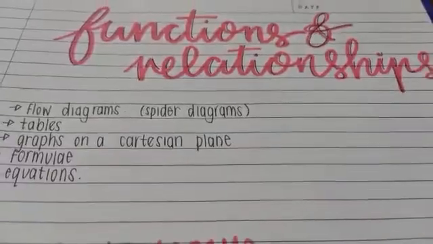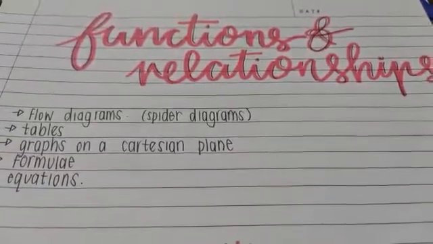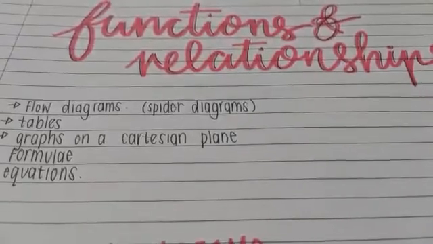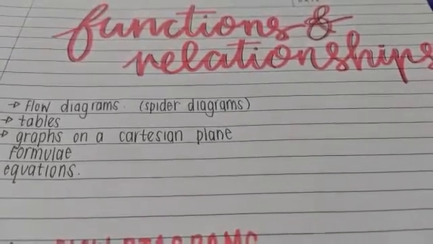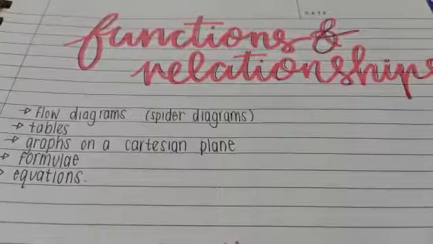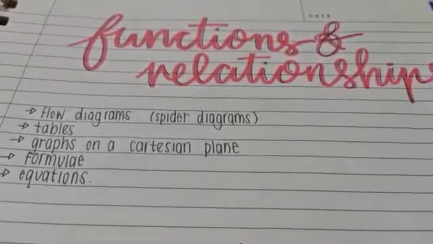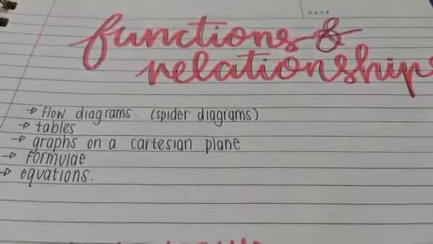Okay, now as I was saying, everything with functions and relationships are all linked together. So if I have a particular equation, there's a number of ways that I can actually translate it. What do I mean by translate it? I mean the way I can represent it. I can represent it visually with a graph.